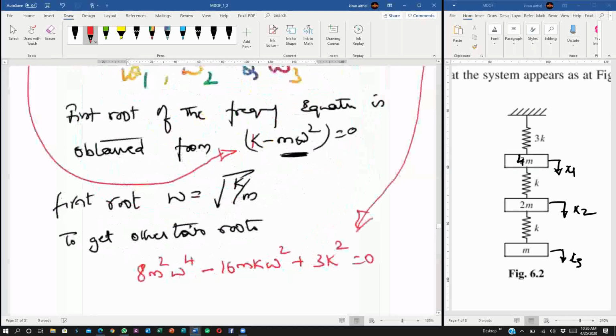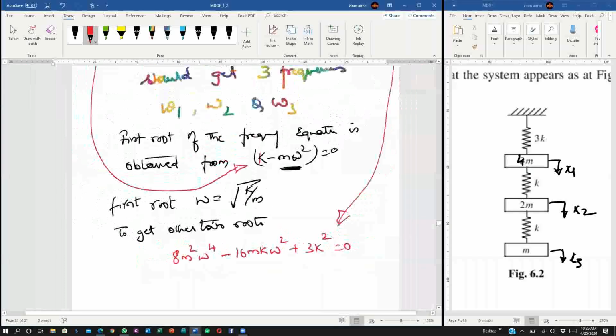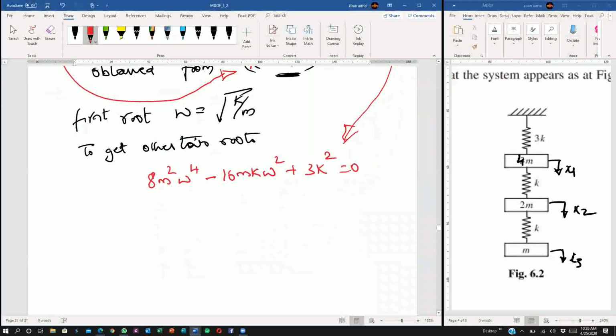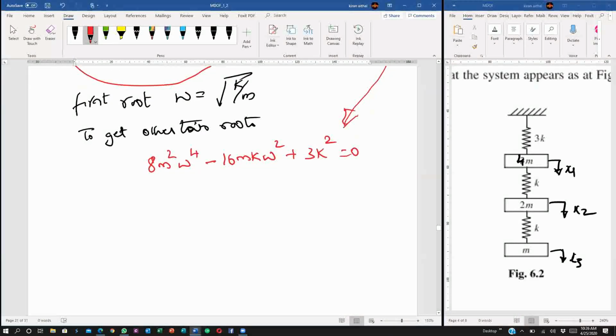Right? So I have taken this. Then I will try to solve. If I solve, it's very simple. What I will do is use a little bit of this one here, dividing out by 8m square the whole equation.